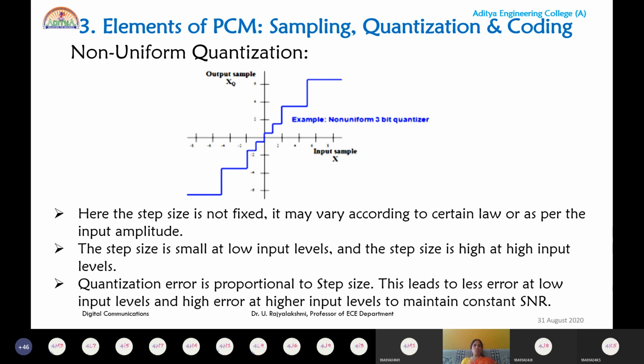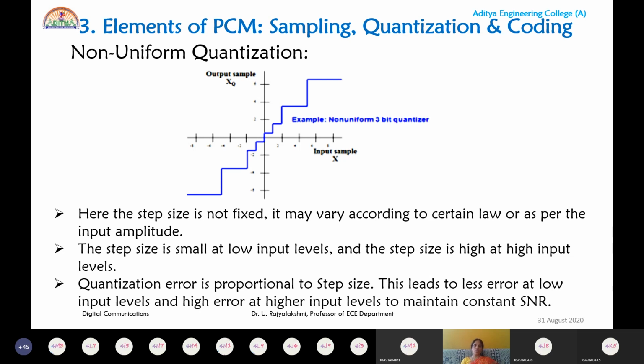So this is about non-uniform quantization, where you will have compression at low input levels and expansion at high input levels on the transmitter section, and the reverse principle occurs at the receiver.